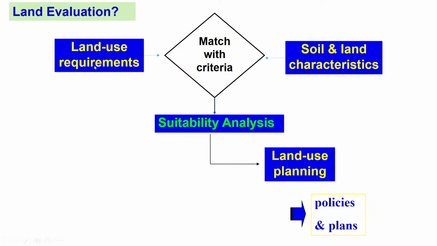From the literature we get these requirements. For example, for forest, soils should be deep, while for agricultural crops like paddy or wheat, requirements are different. Then we compare the two, match them, and find out the suitability analysis.